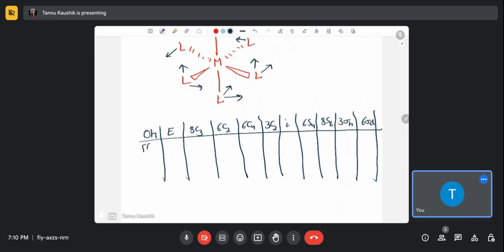So gamma L pi will be 12 0 0 minus 4 0 0 0 0 and 0.